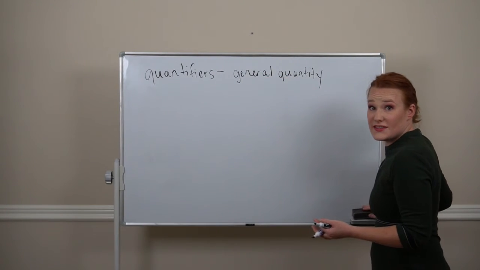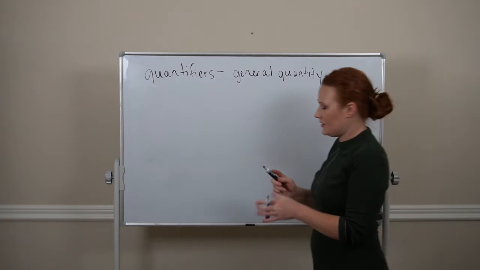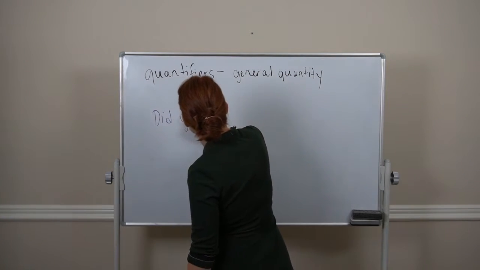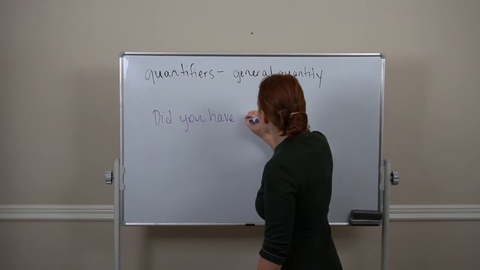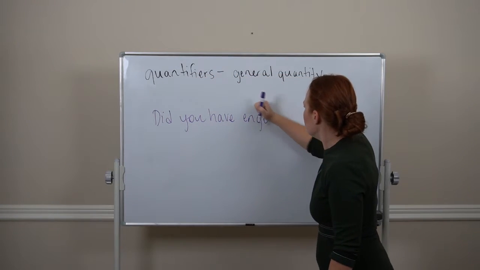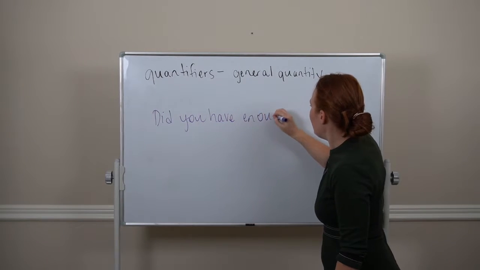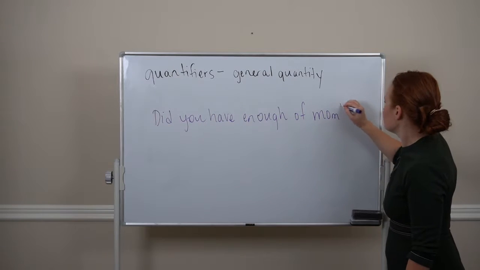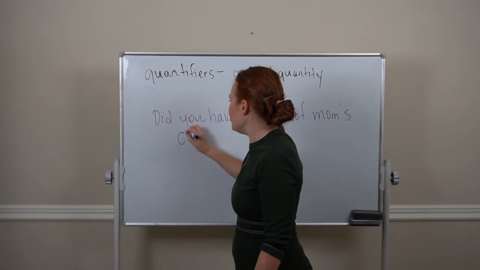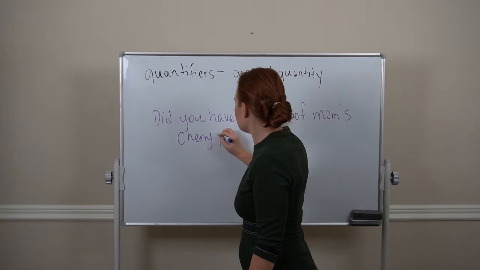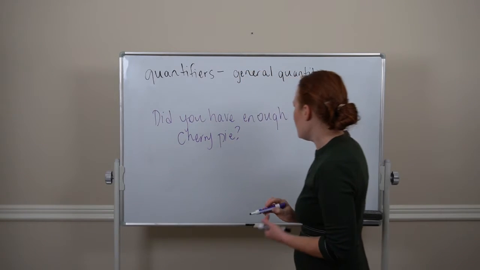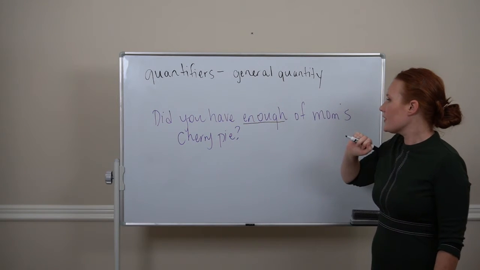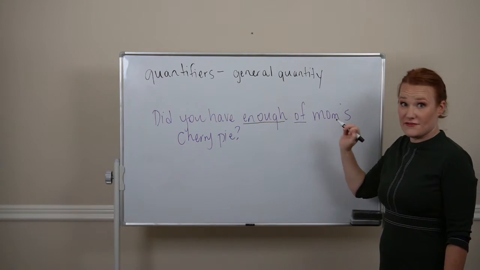So I'm going to start with the sentence here and say, did you have enough of Mom's cherry pie? Here we have our quantifier enough, but it's followed by of.